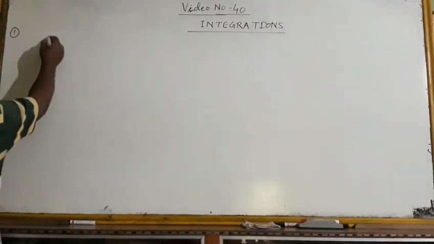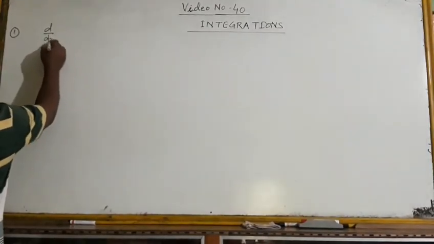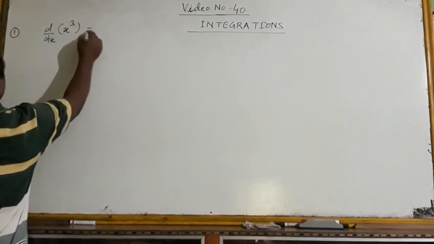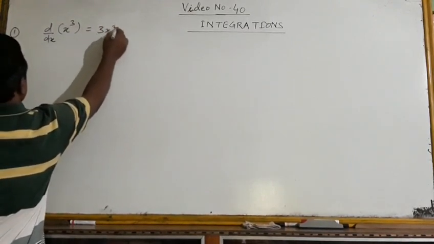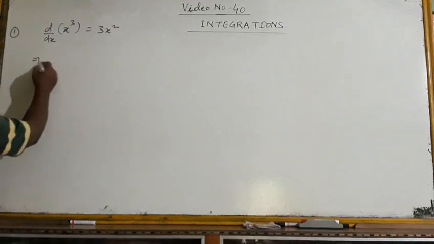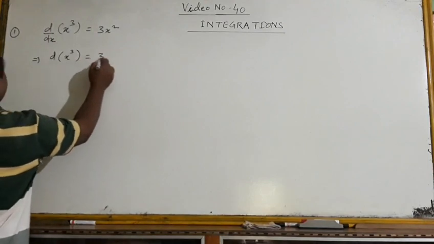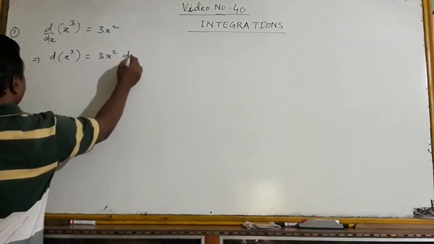We know d by dx of x cube is equal to what? 3x square. Now what is d of x cube? It is 3x square dx.